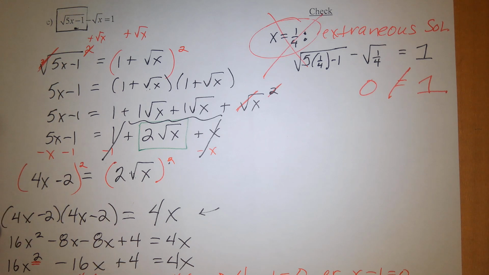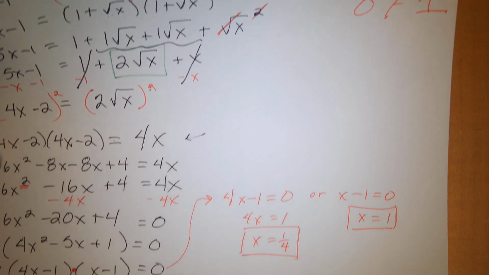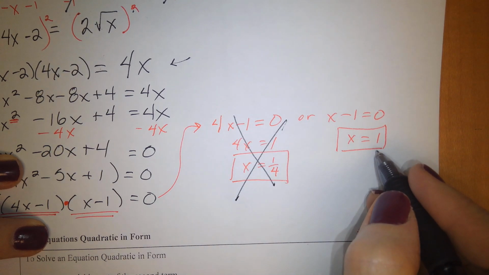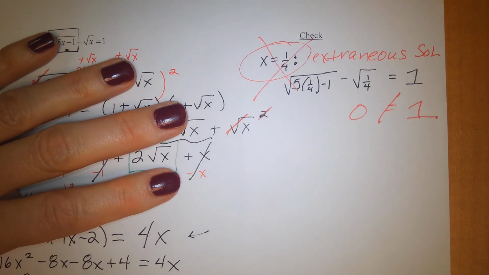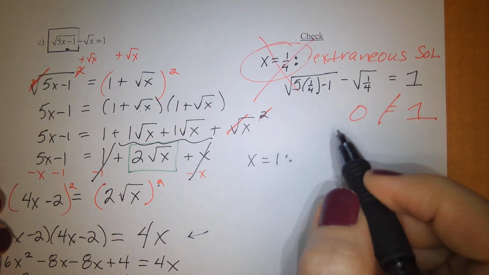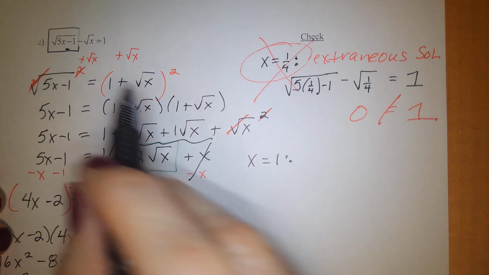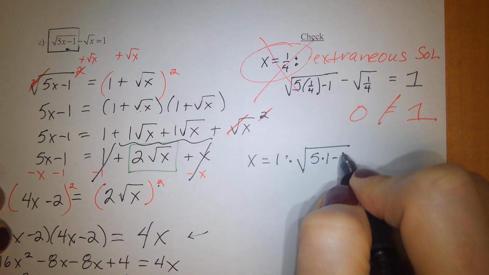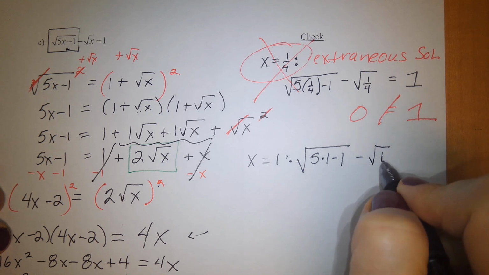We're going to try this again. This time we'll try it with the other solution. This time let's try it with x equals 1. So if x equals 1, let's check it this time in the original. So it's going to be square root of 5 times 1 minus 1, minus square root of 1.